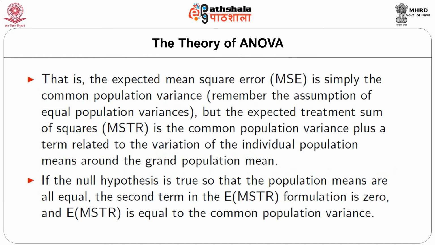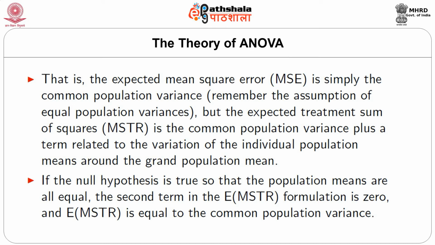That is, the expected mean squared error is simply the common population variance. Remember the assumption of equal population variances? But the expected treatment sum of squares is the common population variance plus a term related to the variation of the individual population means around the grand population mean.